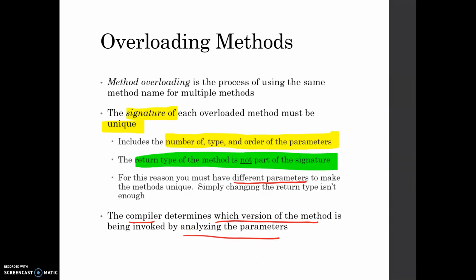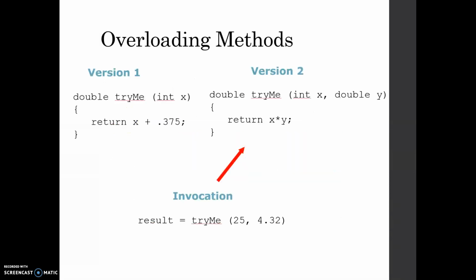And what's going to happen is the compiler will determine which version of the method to call by analyzing that parameter list. So to show you an example of overloading methods, here I have two different methods. They are both called try_me, and they have different parameter lists. The first version of try_me takes one integer, and the second version of try_me takes two parameters, an int and a double. And when the method is actually invoked, that means when it's called, the compiler looks at the parameter list.